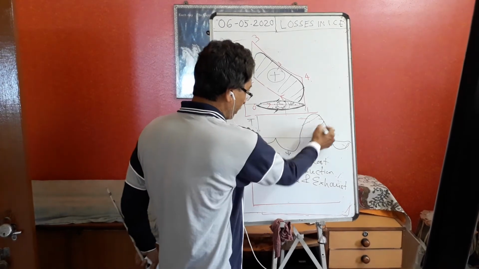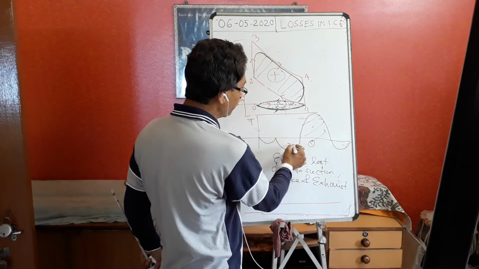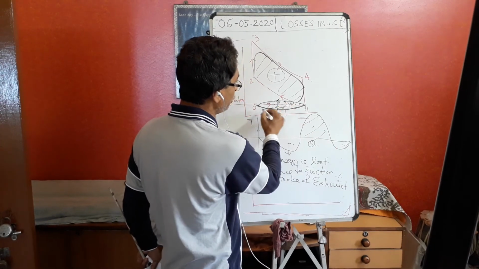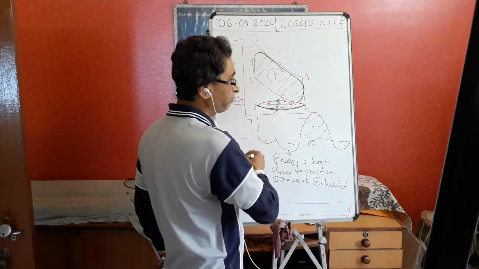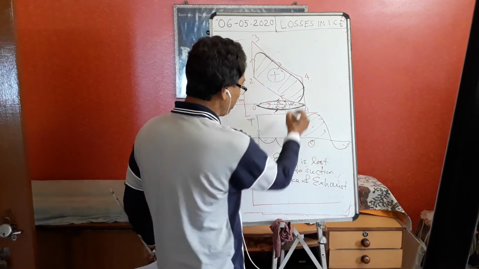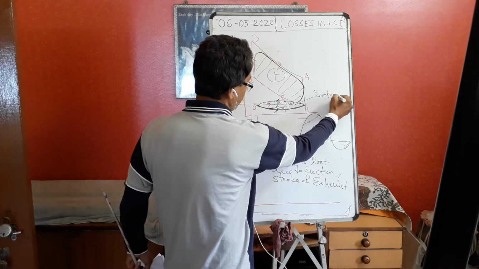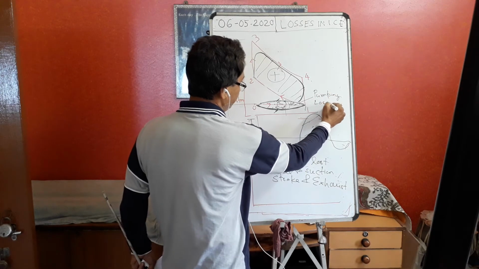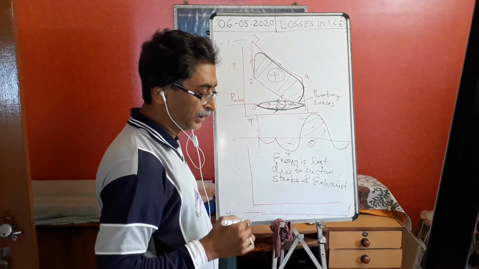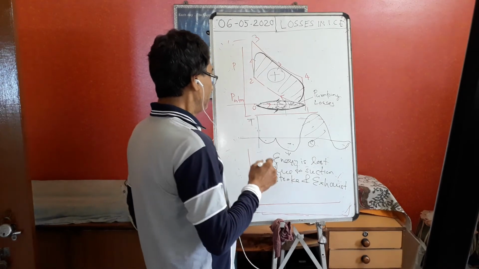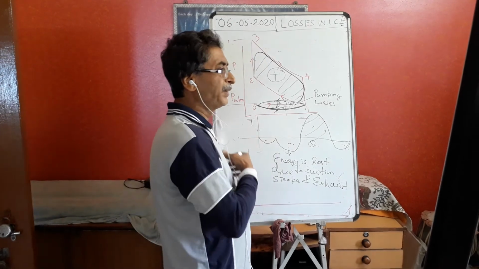This is the power, and at that time we consume power. So this is the consumed, negative power. This loss is called pumping loss. So pumping loss we understand, but what is the friction loss?